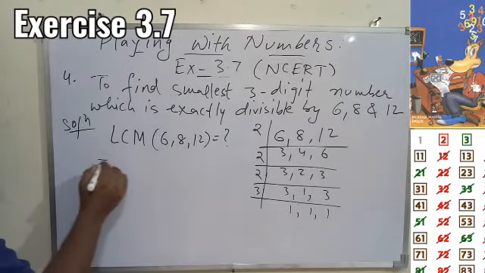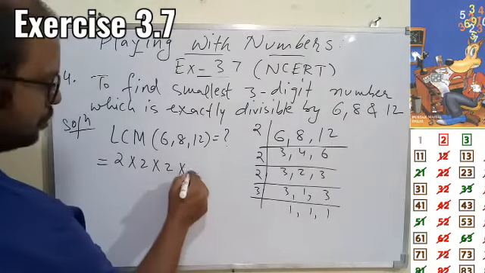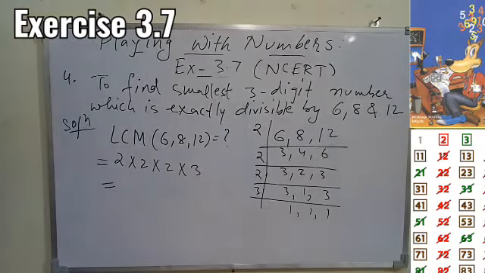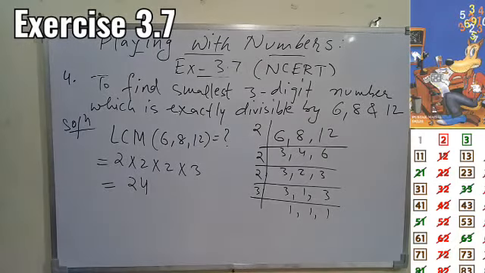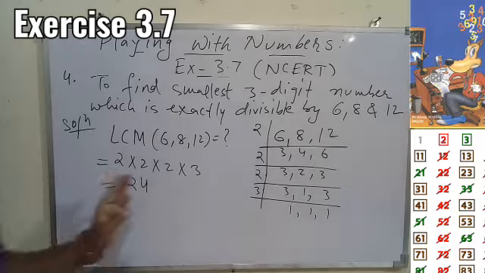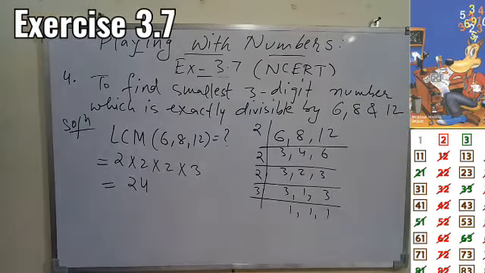So overall, this is nothing but 2 into 2 into 2 into 3, and that is how much? 24. So overall, we can say 24 is the smallest number which is the common multiple of 6, 8 and 12. That is the LCM of these 3 numbers.